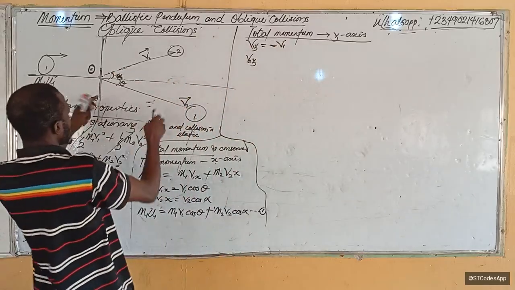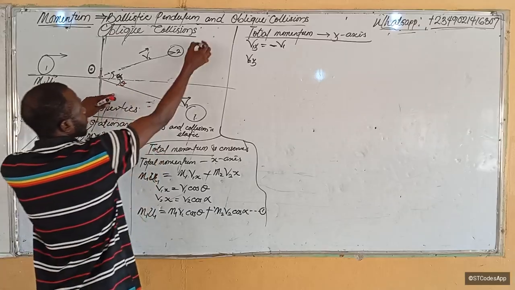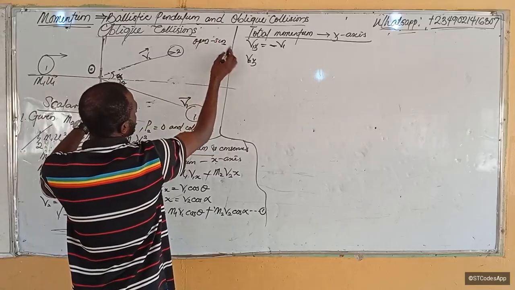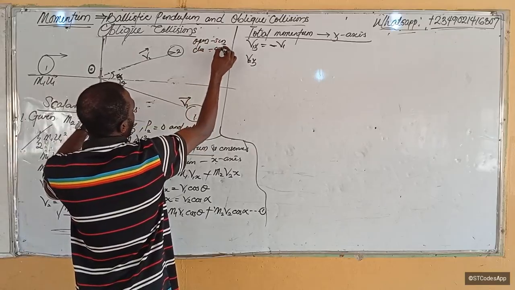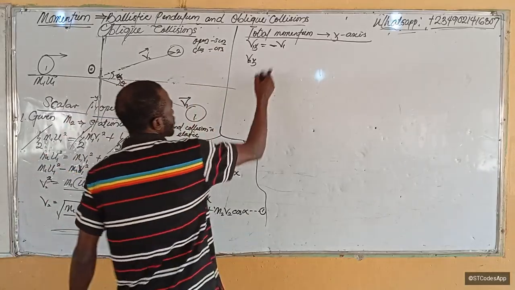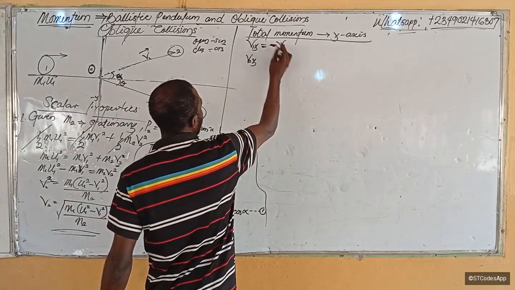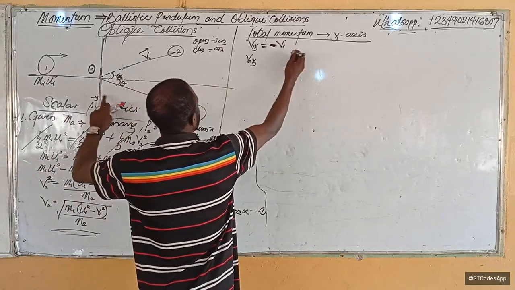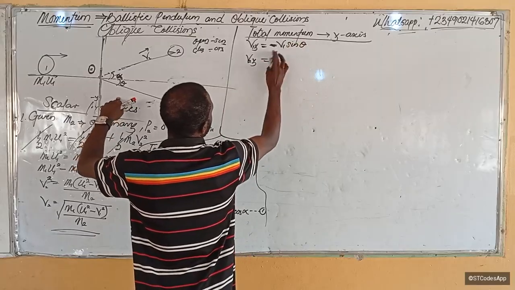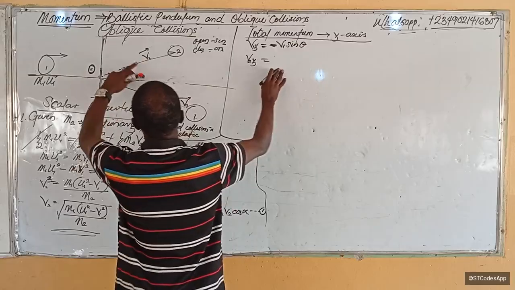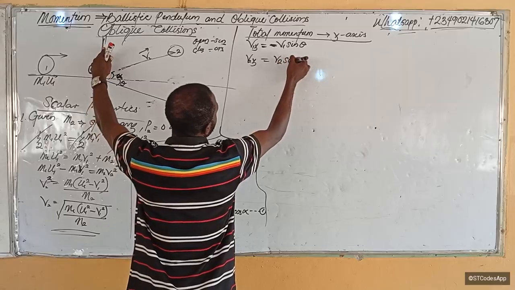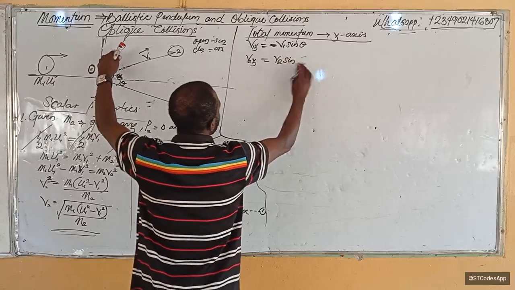What is happening to this angle? We are opening it. When you open an angle, I've told you a thousand and one times, open angle is sine, close an angle, cos. Exactly. So v1y is minus v1 sine theta, and v2 will be positive, v2 sine alpha.